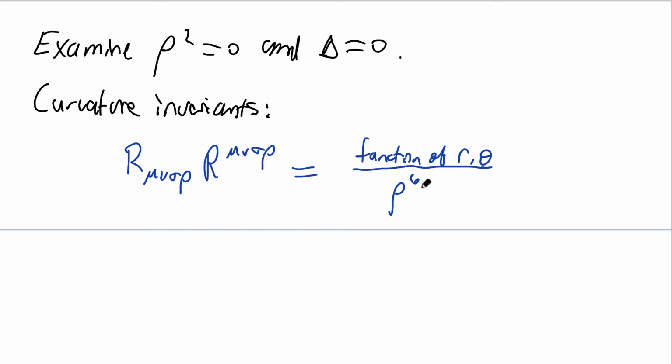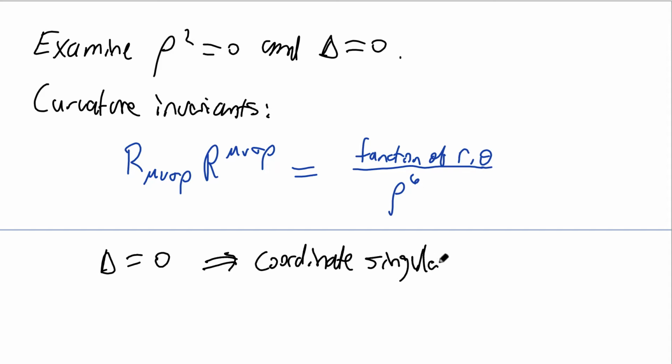So this shows that when rho goes to 0, there's a true curvature singularity. On the other hand, when delta equals 0, there's no problem with the curvature, and we can examine other curvature invariants and find the same result, namely that delta equals 0 is merely a coordinate singularity, whereas rho squared equals 0 is a true curvature singularity.